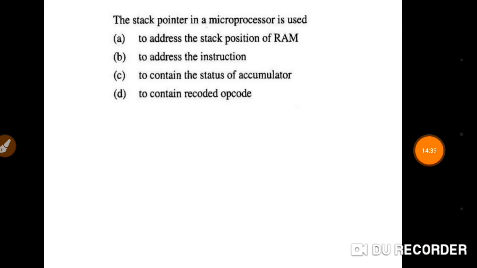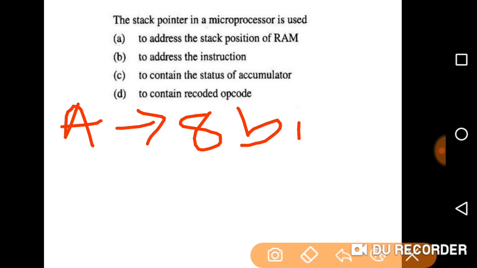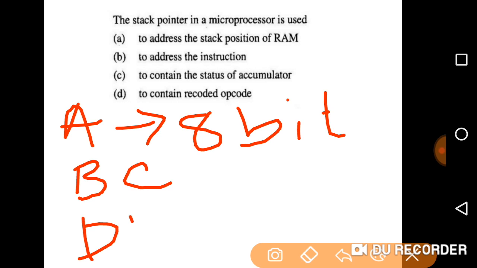Let's see the last problem. The stack pointer in a microprocessor is used. In the 8085 microprocessor, the registers are the accumulator, which is an 8-bit register, then BC, DE, HL.